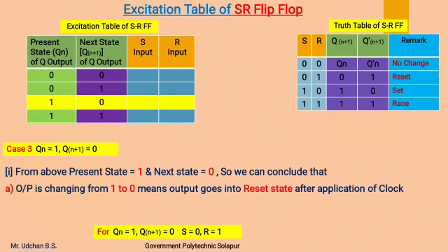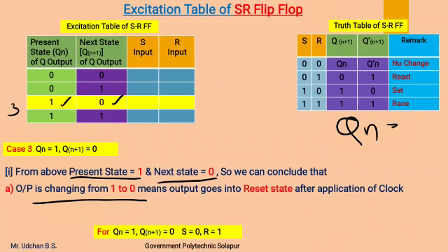We will see the third case, that is Qn is 1 and Qn plus 1 is 0, that is present state is 1, next state is 0, and it is changing from 1 to 0, means before applying clock pulse Qn is 1, after applying clock pulse Qn plus 1 becomes 0.